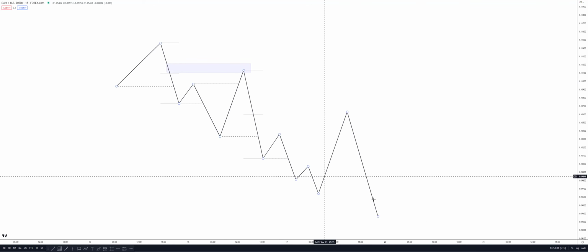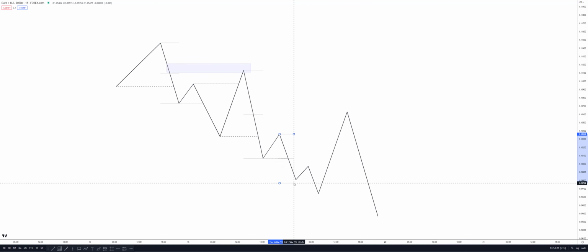That's the ideal situation of what we're looking for. But it's far more likely to be a more non-linear path that price takes. So down here, we had another minor break of structure, and then what happened? We failed to mitigate that minor premium.